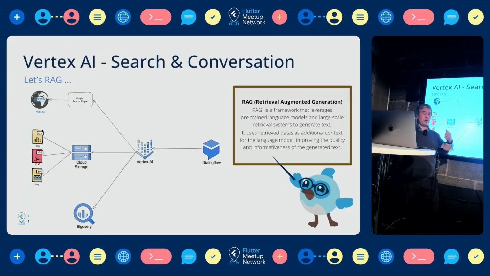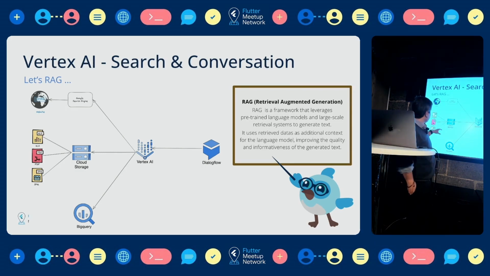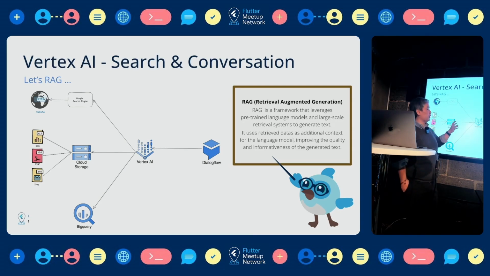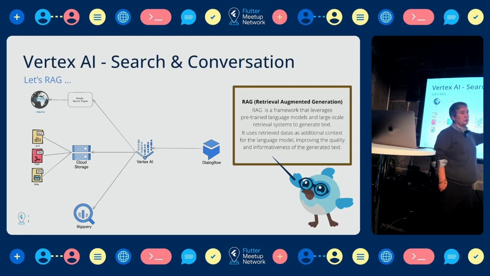Google has implemented their own RAG. So you define some kind of data source, from Cloud Storage or a website, and we use the Google search engine to index and serve the data. After that, in Vertex AI, you pull up all the ops that are able to get the data from it, and then you apply your LLM to answer at the end.